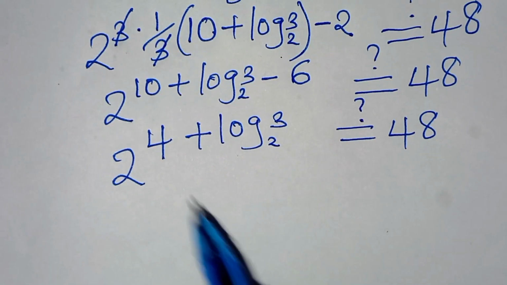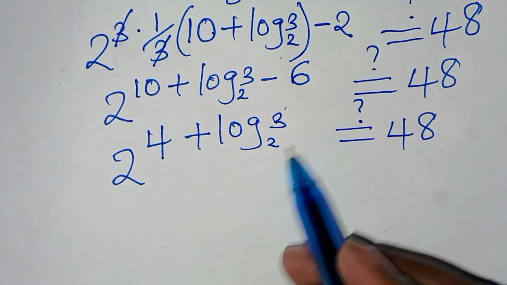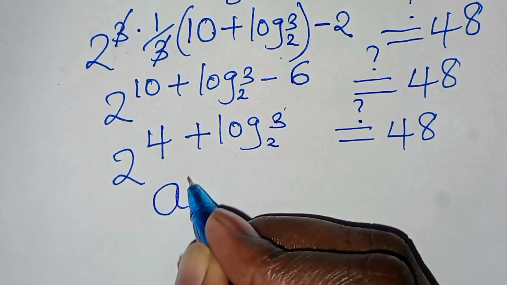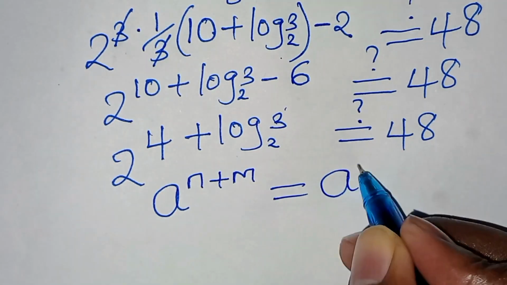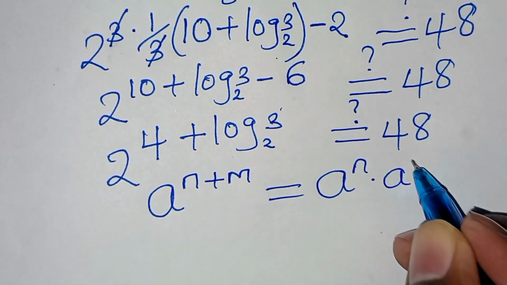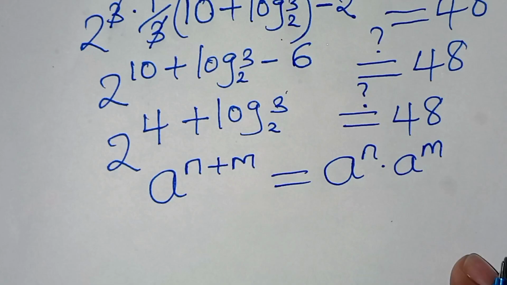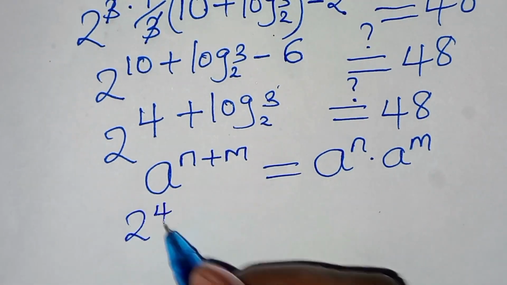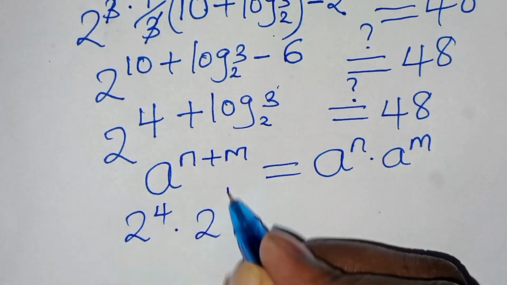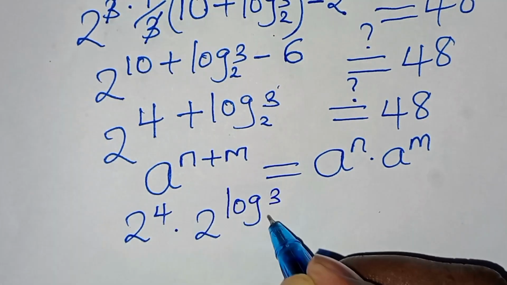The next step is that 2 to power 4 plus log 3 to base 2. This is in the form of a to power n plus m, which we can express as a to power n times a to power m. Applying this exponent property, then here we have 2 to power 4 times 2 to power log 3 to base 2.